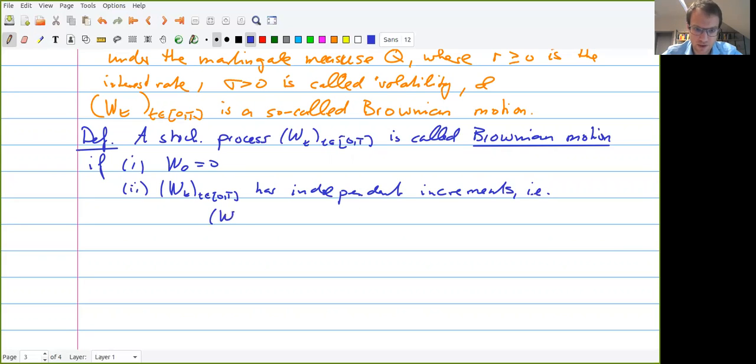If I take any points t_i and look at the increment from t_i to t_{i+1}, this is a sequence of increments, and they are assumed to be independent. Right, this is just a selection of a finite number of random variables, and you know what it means that they are independent.